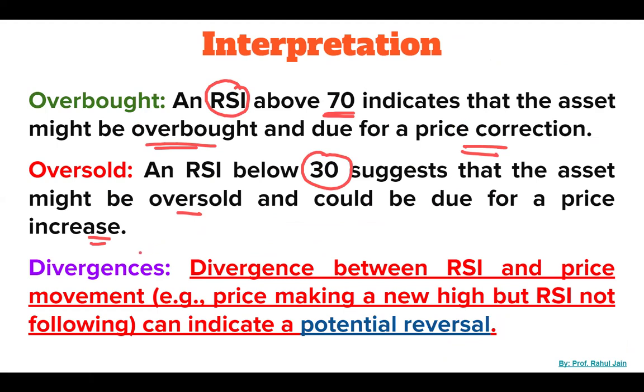In the case of divergence between RSI and price movement, that is, price making a new high but RSI not following, it means there might be a chance of potential reversal.